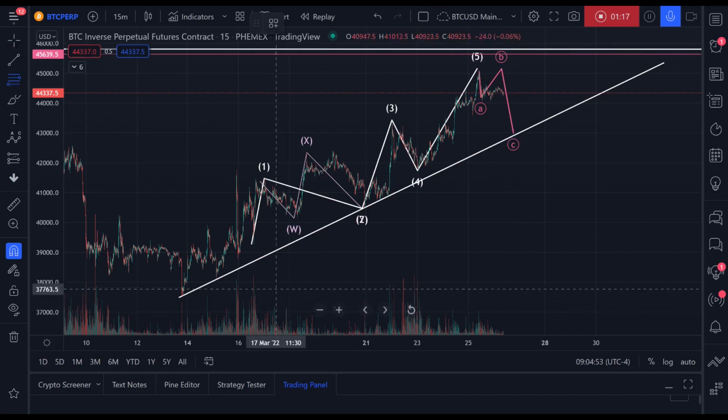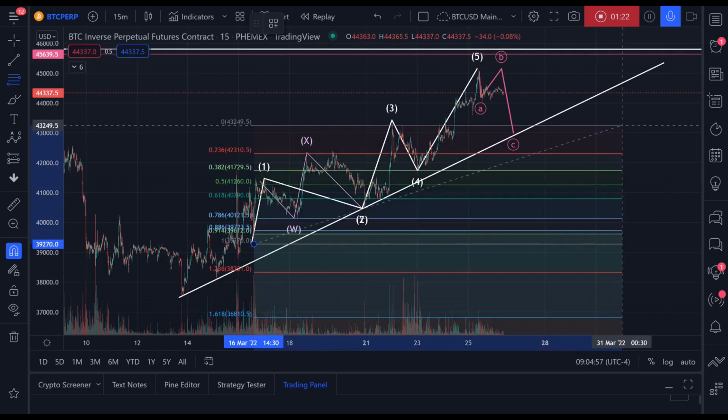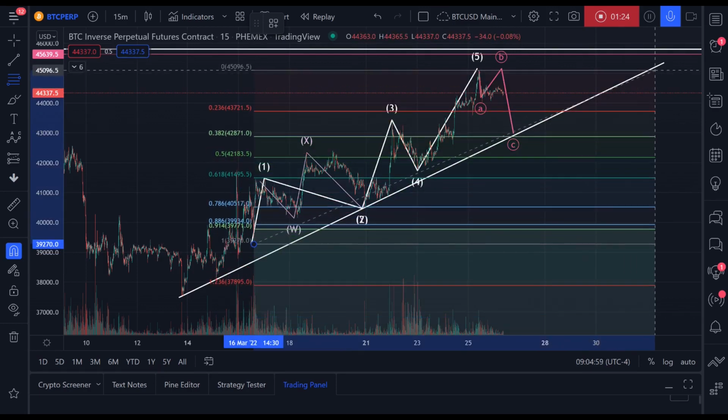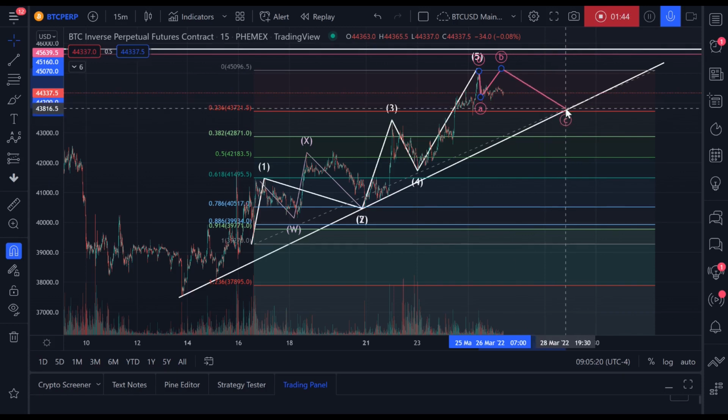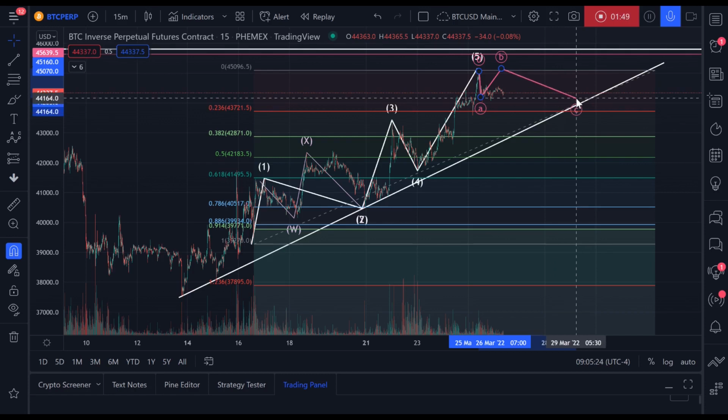Why? Because if we put our Fibonacci retracement tool in from the beginning of this 5-wave leading diagonal to the end, we can see that the later we have this impulse to the downside, the C wave, or the 5-wave impulse that ends the ABC correction, the higher the support is, because this ascending diagonal will be even higher.